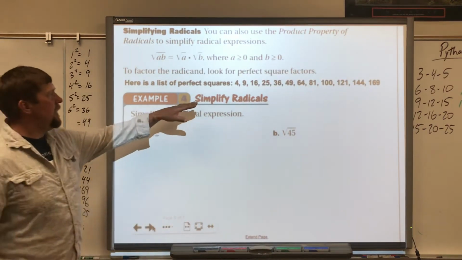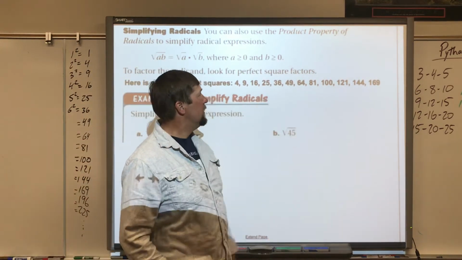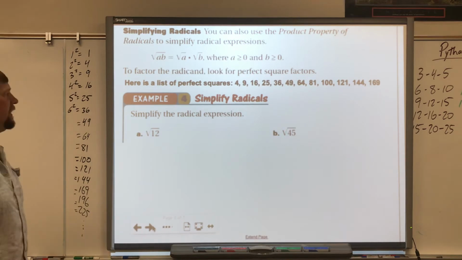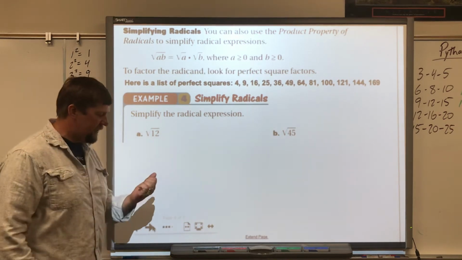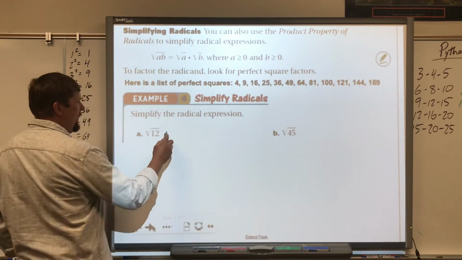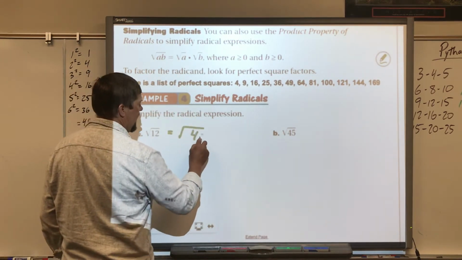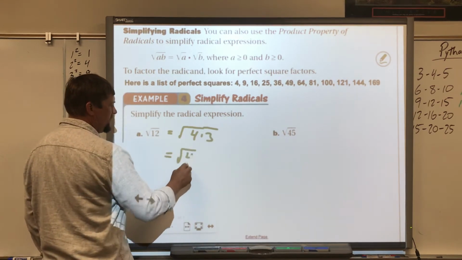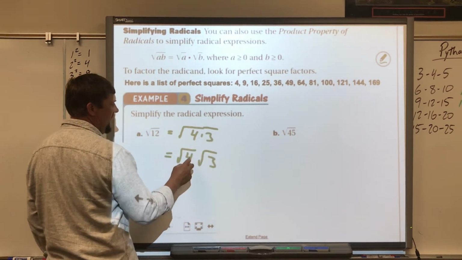Here they listed perfect squares after the number 1. So what we're going to be doing here is trying to find a factor of 12 that's a perfect square. We know 12 is 4 times 3. 4 is a perfect square, and that's what we look for.